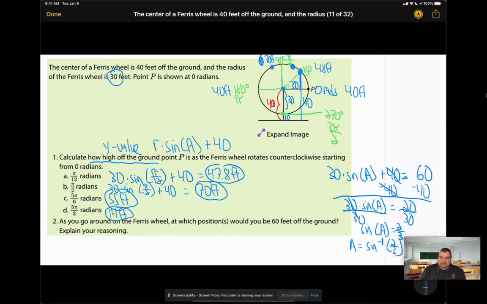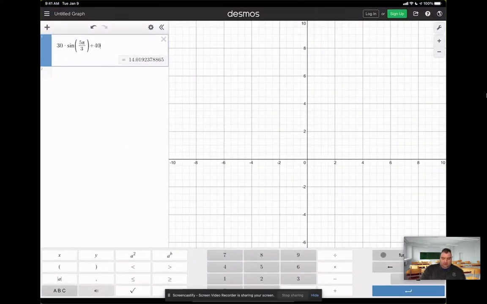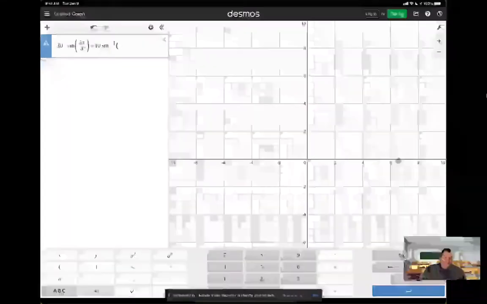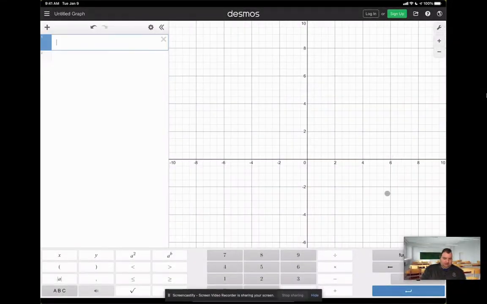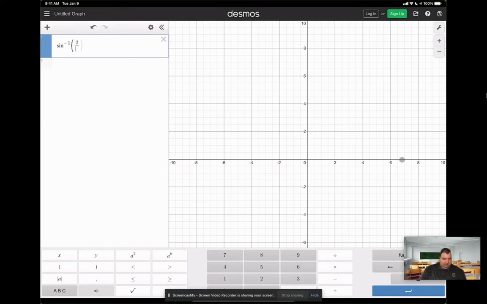Inverse sine means the angle whose sine is 2/3. So to do that, let's go back to Desmos. If I want to do the inverse sine, I go to functions and trig, and notice the inverse sine is here. So if I clear this, I can do inverse sine of 2/3, okay?